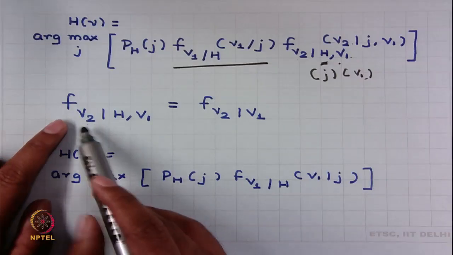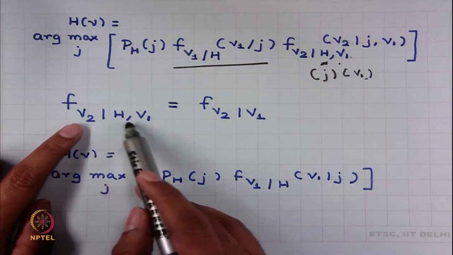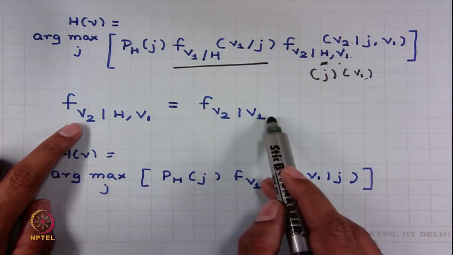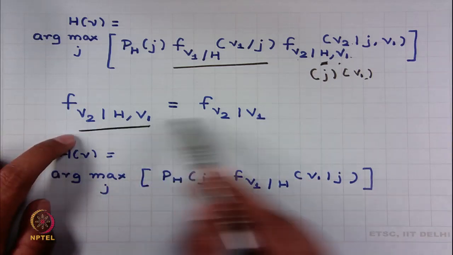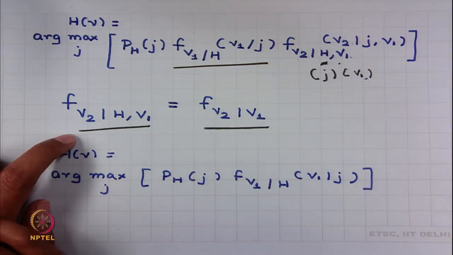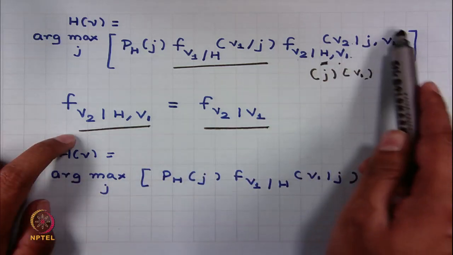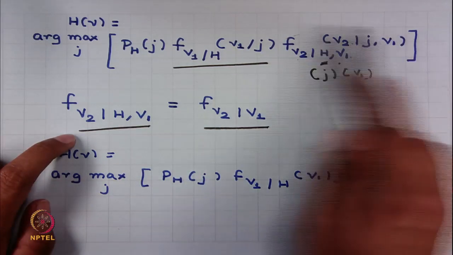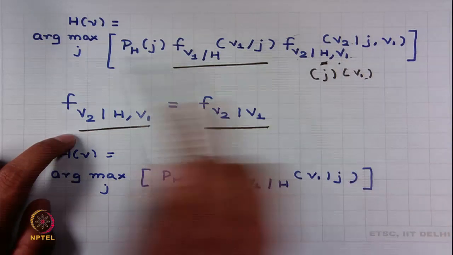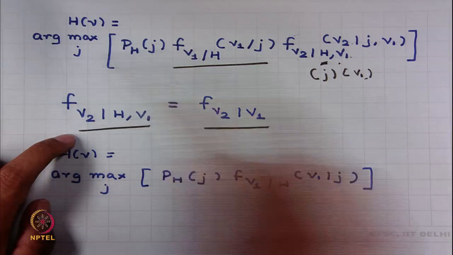All right. So, if this conditional probability density function of V2 given H and V1 does not depend upon the hypothesis, that means this conditional PDF is the same as the conditional PDF of V2 given V1, then what you can see is this term will become independent of hypothesis, and thus the choice of j does not influence this term.